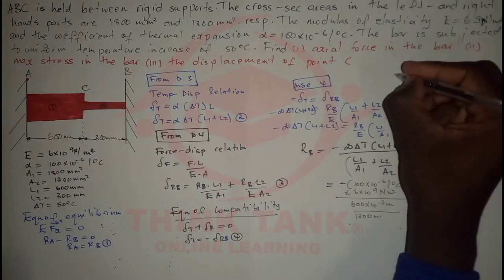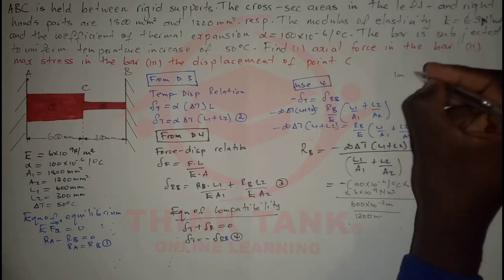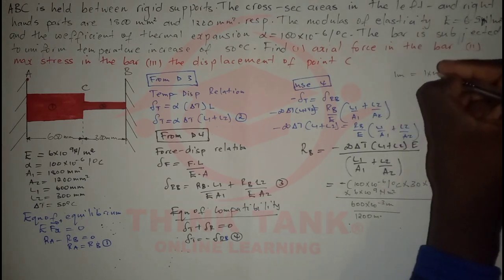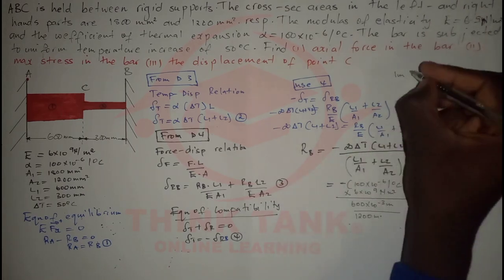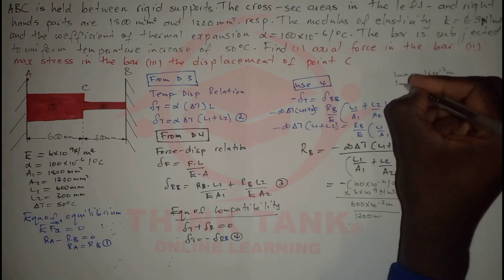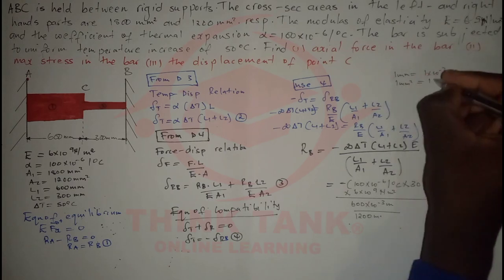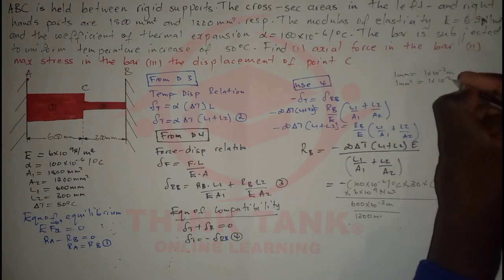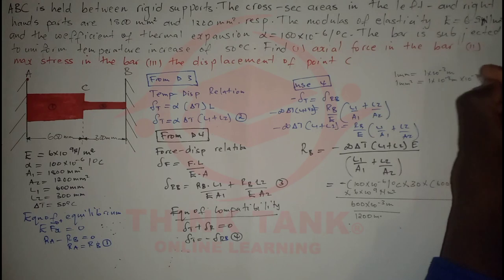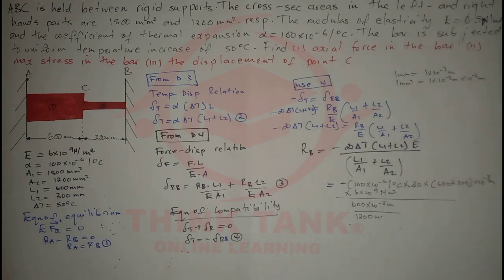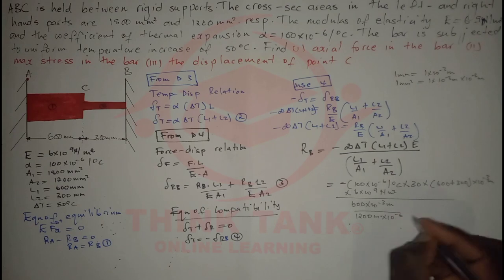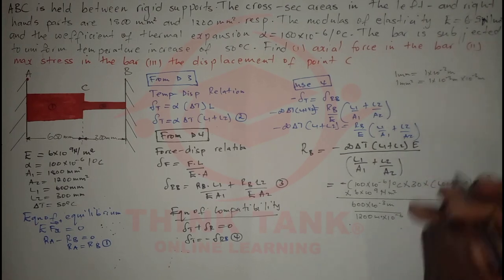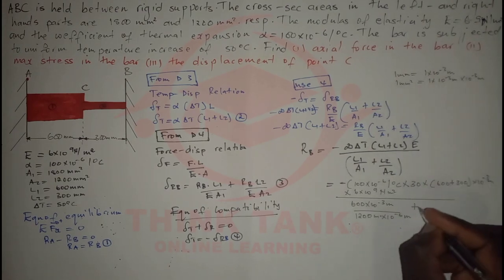We know that 1 millimeter is 1 times 10 to the power negative 3 meters, right? So 1 millimeter squared is going to be 1 times 10 to the power negative 3 meters times 10 to the power negative 3 meters. So we're going to multiply 1200 by 10 to the power negative 6 meters squared.